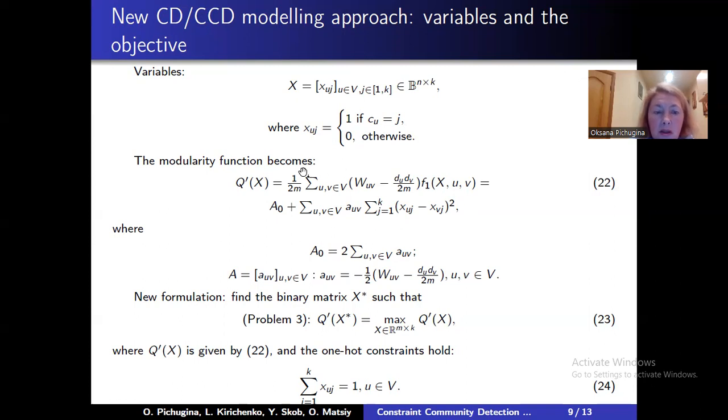Rewriting the objective in terms of these variables, we come to this expression, which is a quadratic objective function, and our goal is to maximize the function, which is Problem 3. Also, we have to incorporate the additional constraint called the one-hot constraint, taking form 24.